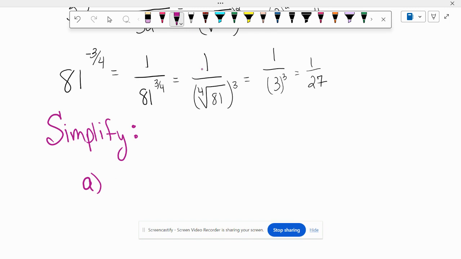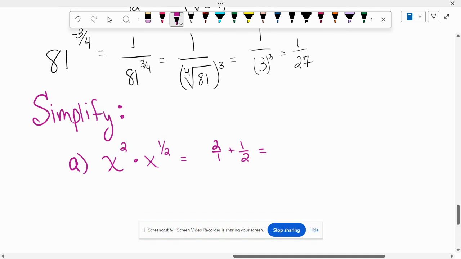So you have to think about exponent rules. X squared times x to the 1/2. Well, the rule says that if the base is the same, we add the exponents. So I really have the exponent of 2 over 1 plus 1 over 2. And I know that if I want to add fractions, what do I have to do?